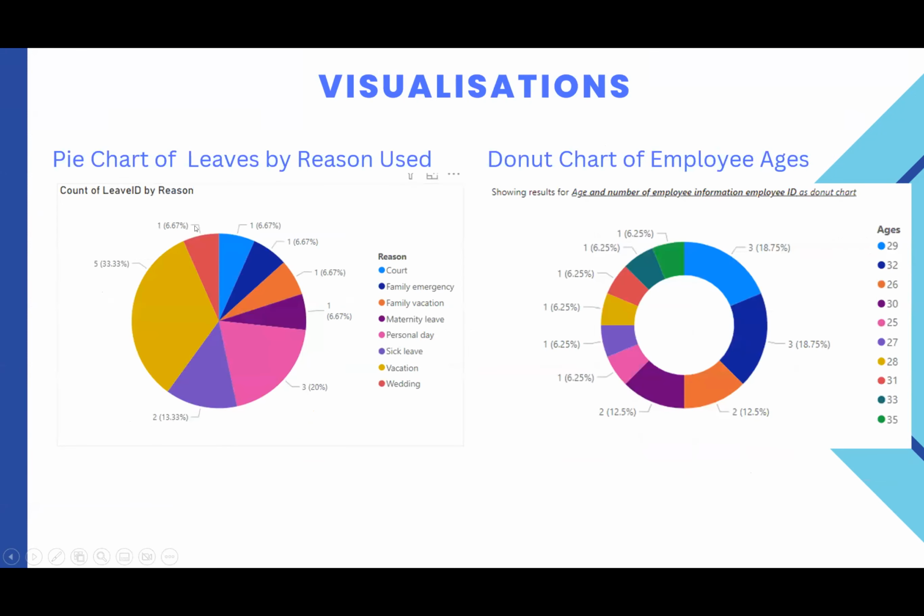Then we have a leave table, which has the reasons for the leaves, and we can see which particular leave, for example vacation, is the reason most people take leaves for. And finally, we have another classification based on the age group. We have created age brackets, and based on them we are classifying the number of people in each of these age brackets. So thank you.